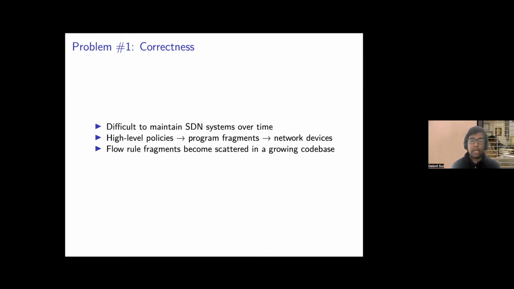The control plane will install programs in network devices, like P4 programs or program fragments in OpenFlow. The controller acts as a specialized compiler, converting high-level policies into these small programs. So what happens as the developer implements features over time? Small programs that correspond to different tables and priorities become scattered across a large code base. It's really difficult to be confident in overall correctness.